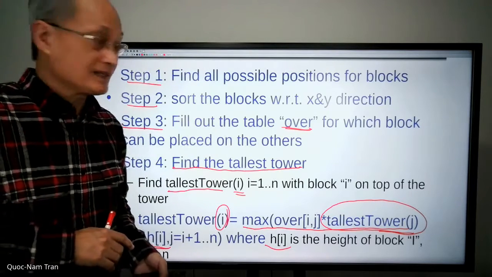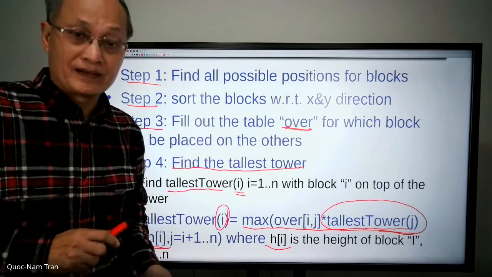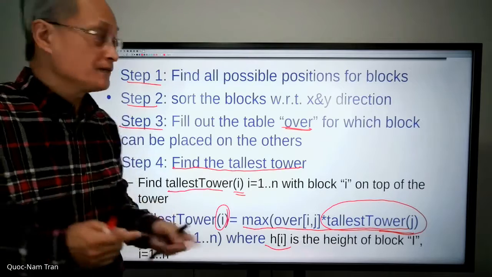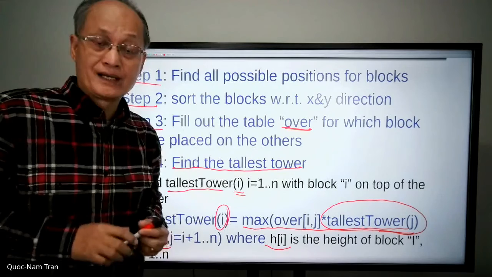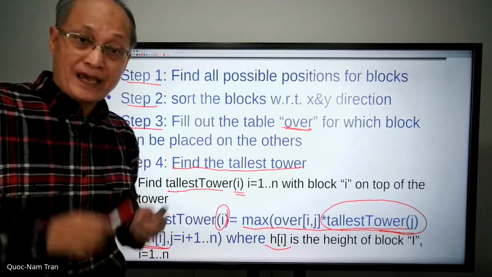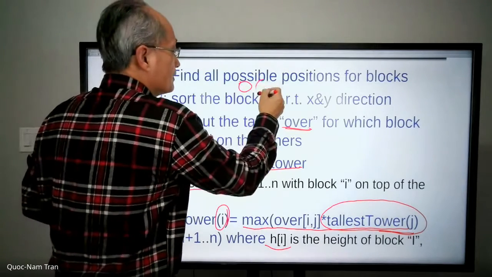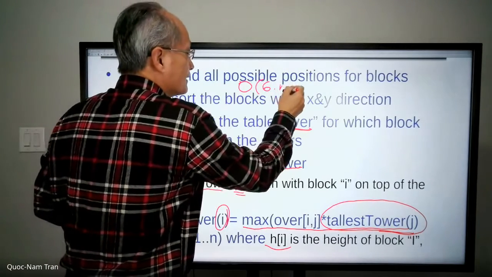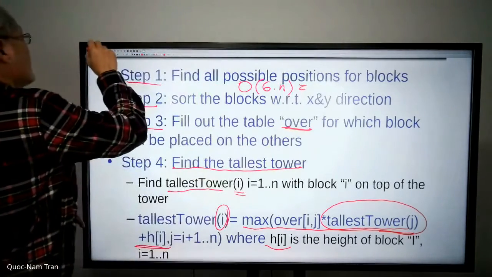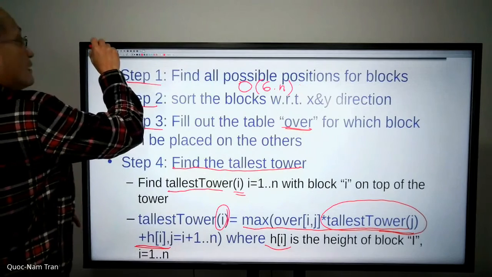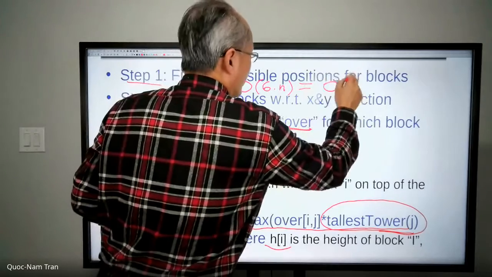And in that case, you have what? Big O n, right? Actually, for every input block, you can have 6 different positions, at most. So that said, you should have here big O 6n, which is the same as big O n, right?